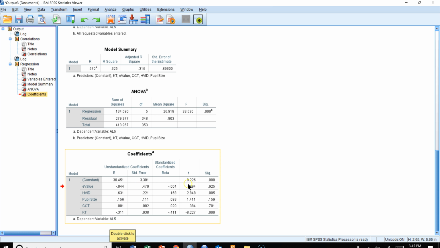So this is the fundamental problem of multicollinearity. All these values are related to each other. So when you look at E value, eccentricity basically, you are controlling for HBID, pupil size, central corneal thickness, keratometry. When you look at HBID, you're controlling for E value, pupil size.